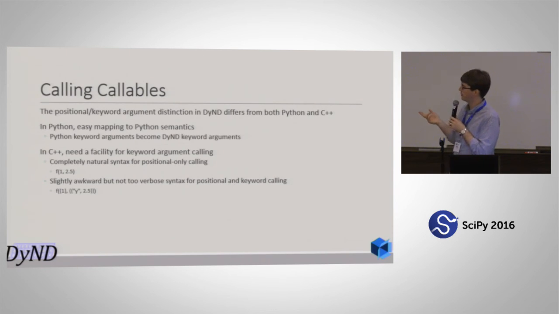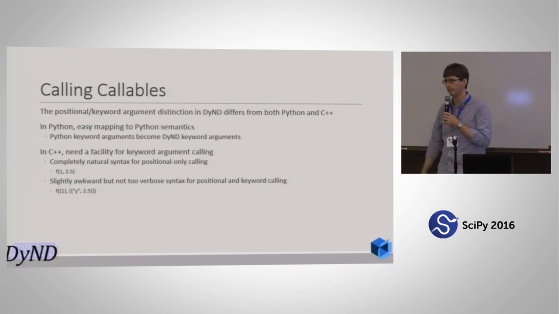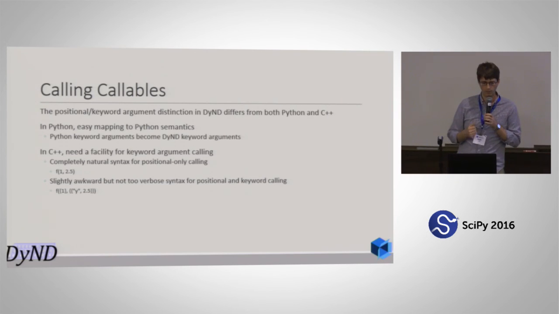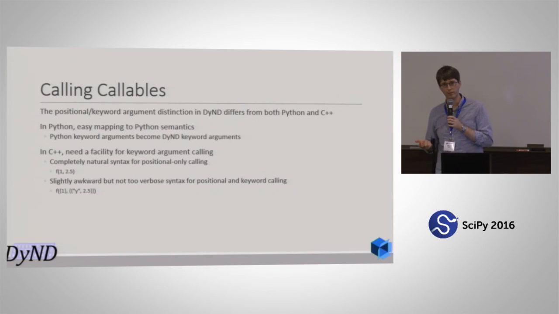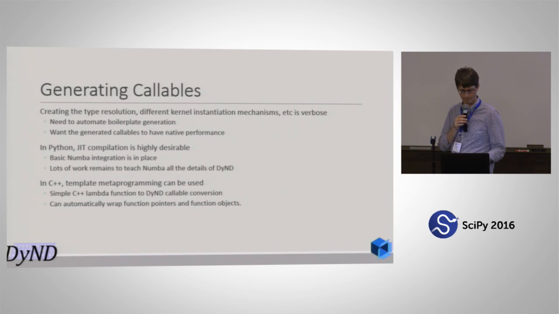In C++, there's no keyword argument, so you have to emulate that somehow. And you can see that in the last syntax. That's using the relatively new initializer list feature of C++11, which lets us get not quite a nice syntax, but something that's pretty compact and gives keyword arguments in C++ that are dynamic.